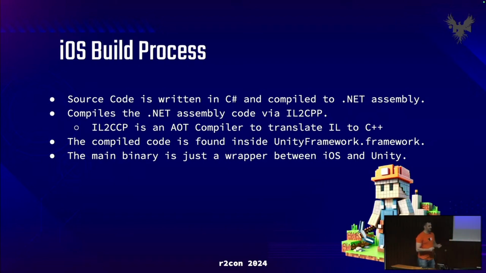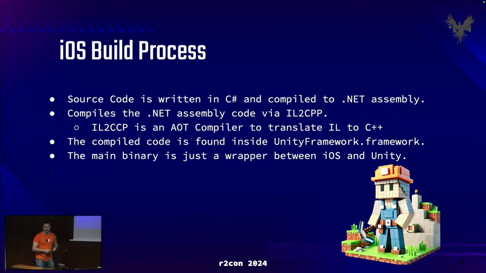How does the build process work on iOS? It's just Unity. When you code the C#, it's compiled to an intermediate language, something derived from C#. I think it's proprietary for Unity, something specific for it.